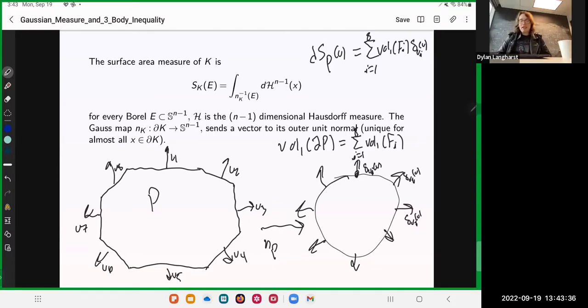Explicitly, you'd have some Borel subset E of the sphere, and then you map it backwards through the Gauss map to put it on the boundary of your convex body K, and you integrate with respect to the usual Hausdorff measure. So this approximation argument will go to this.